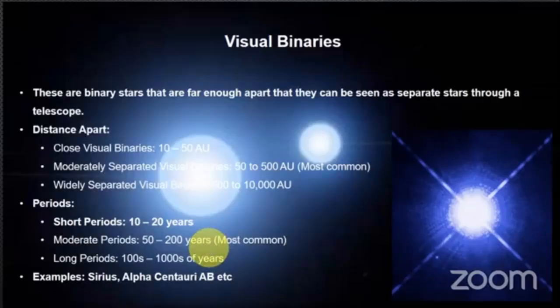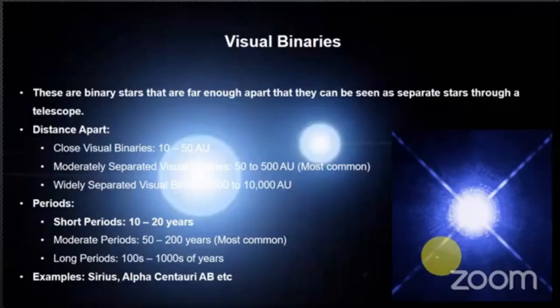So an example of these visual binary stars is Sirius. Sirius is the brightest star in the night sky. It is actually a blue star. It's a very massive star, but it has a companion star, which is a white dwarf. So this is the optical spectrum of the two systems, okay? This is the white dwarf. It is very dim in the optical spectrum.